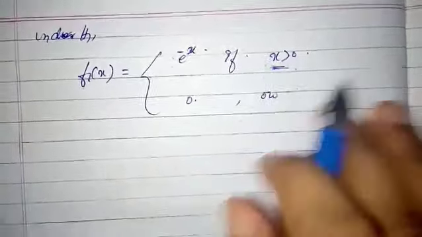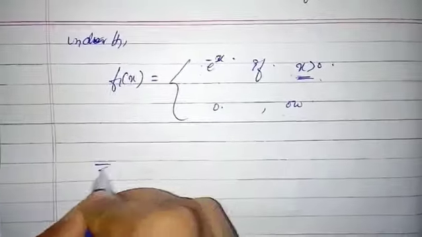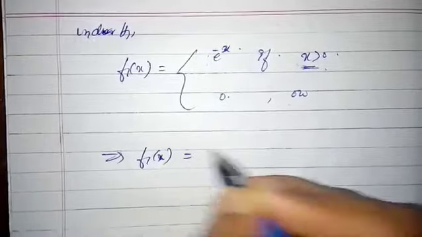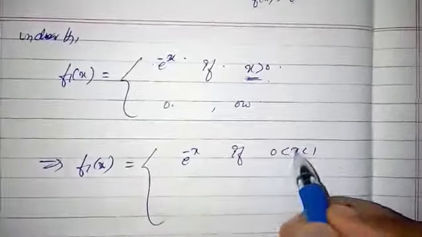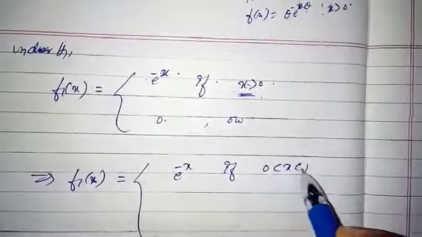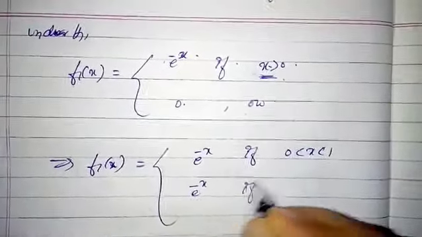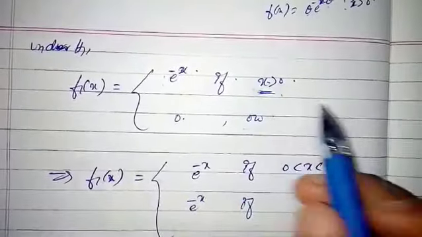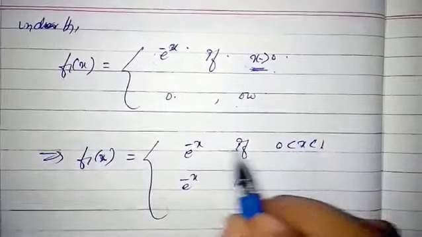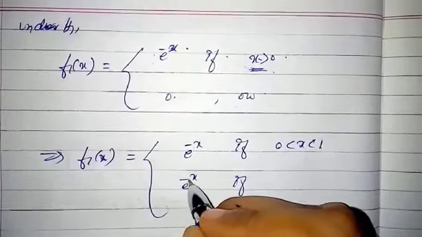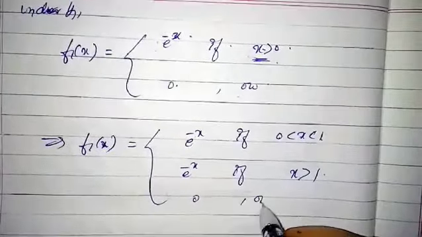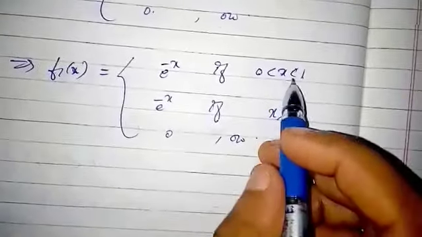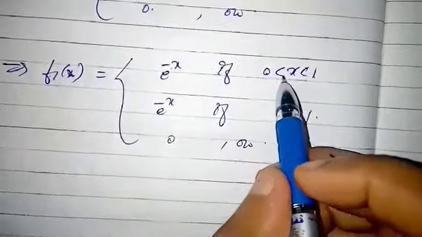We can write f1 of x as e power minus x if 0 less than x less than 1, the same, and e power minus x if x is greater than 1, then 0 otherwise.